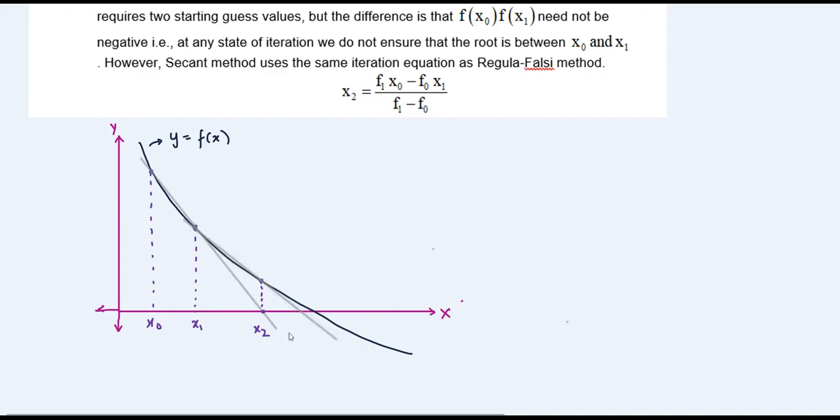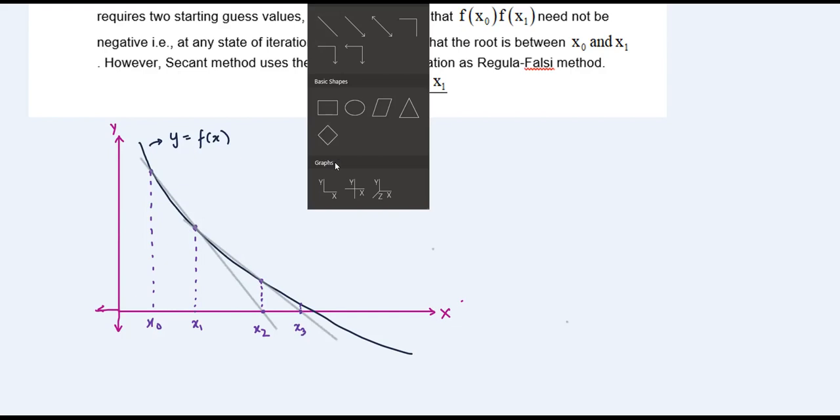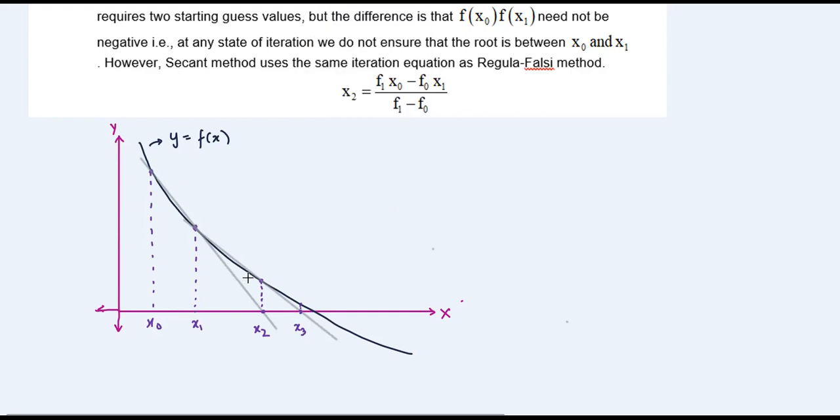So you look here, we are approaching closer to the root in a very easy way. So now this is X3. Then we go for the next chord or the secant.